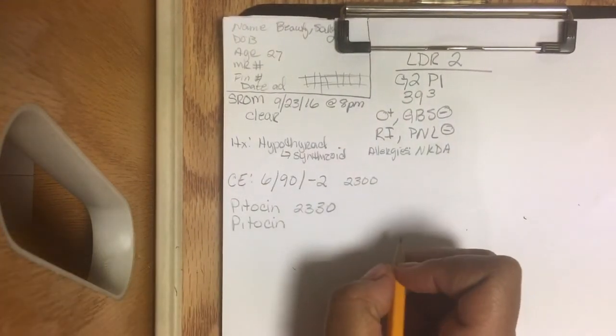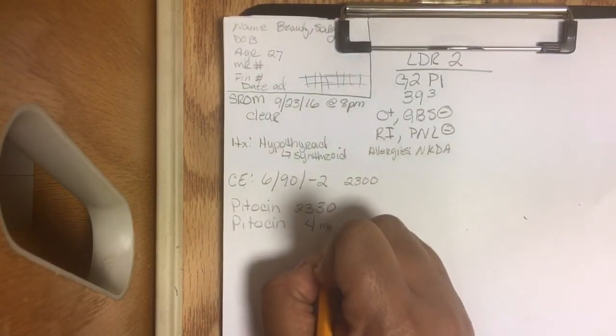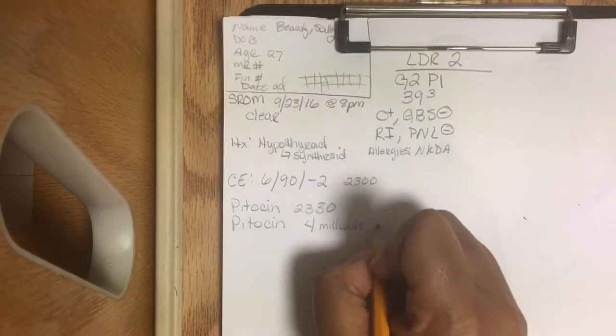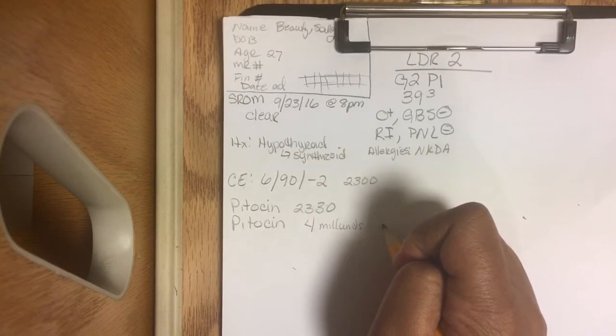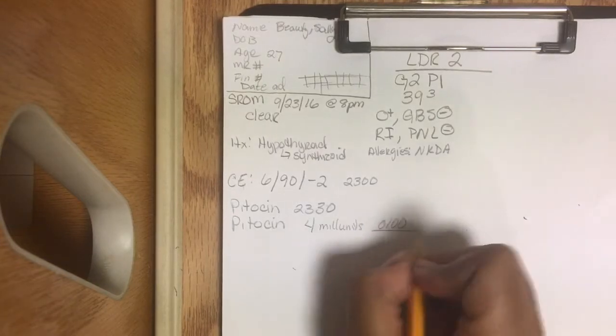We need to really keep track of that. So let's say she's on 4 milliunits of Pitocin, and the last time we increased it was at 1 a.m. So we need to know that.